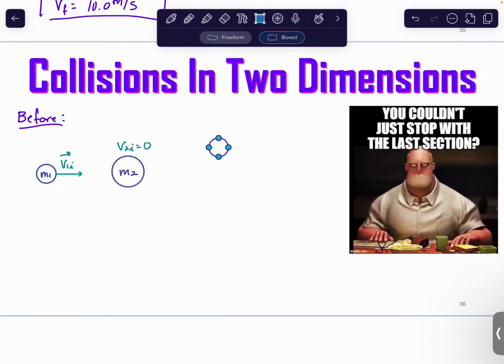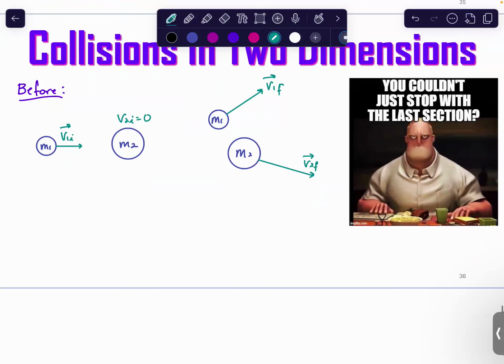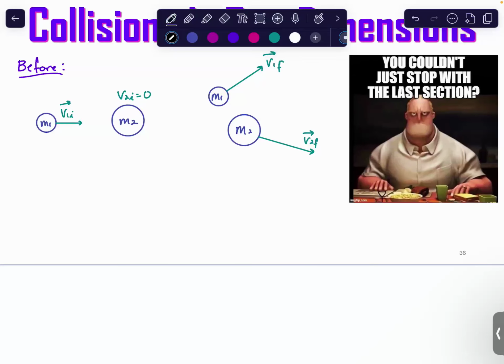Okay, now, this time mass 1 is going off in some direction, and mass 2 is also going off in some direction. The way we can start to look at this is by saying, well, let's put mass 1 and 2 on axes.